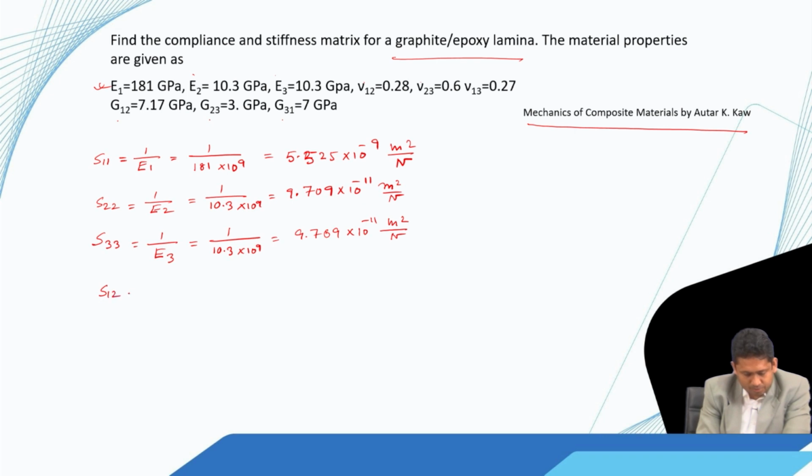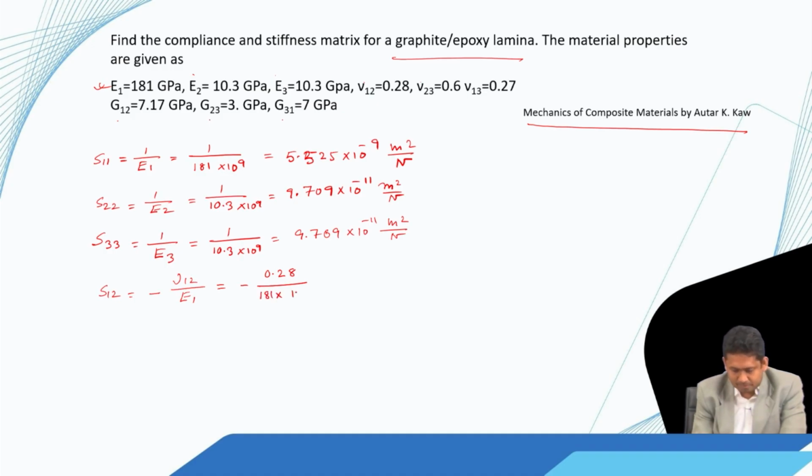S12 we have to find using Poisson's ratio also. Again, Poisson's ratio is a dimensionless quantity, just the ratio of two strains, so that dimensionless quantity divided by E1 also gives me inverse of Pascal, minus 1.547 into 10 to the power minus 12.